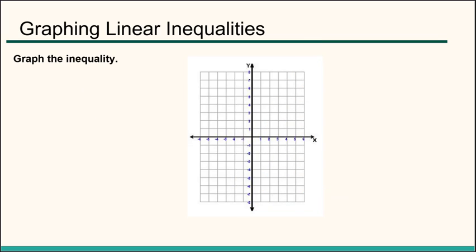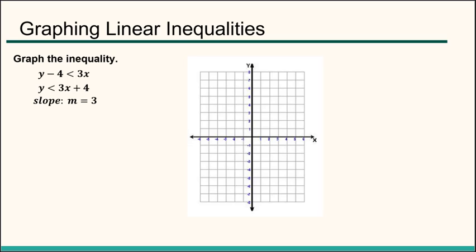All right, so let's look at another one. We have y minus 4 is less than 3x. Now, I don't like it in this form, so I'm going to add 4 to both sides so that I can get it in that y equals mx plus b form. So let's add 4 to both sides, and I'll have y is less than 3x plus 4.